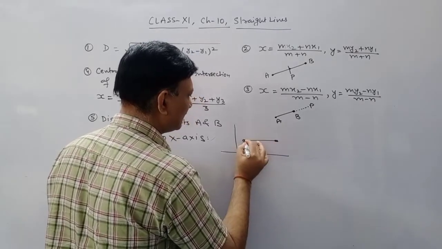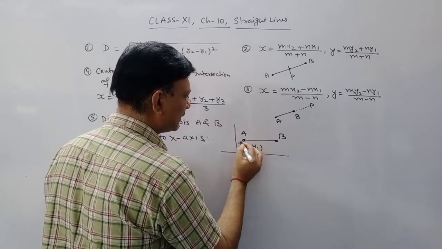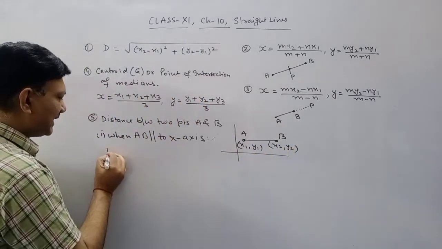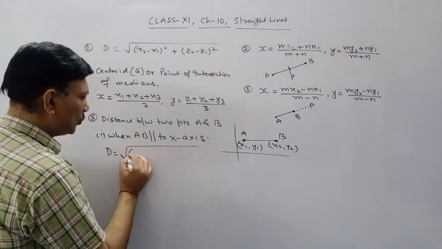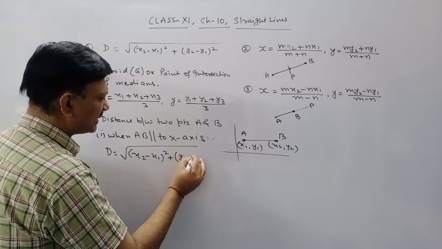Like this. This is A, this is B. The coordinates are x1, y1. Coordinates are x2, y2. So distance is root of x2 minus x1 square plus y2 minus y1 square.